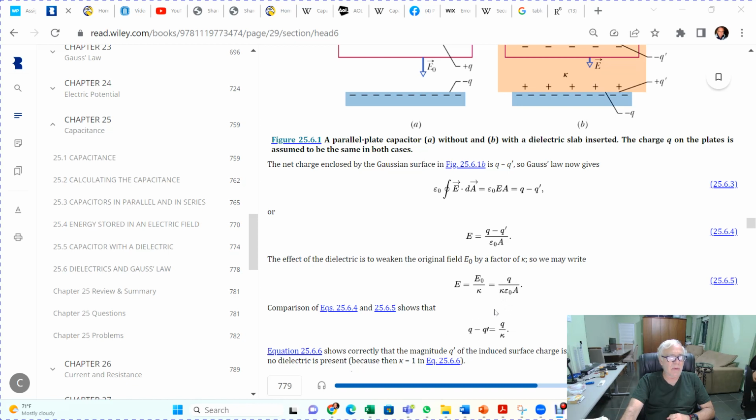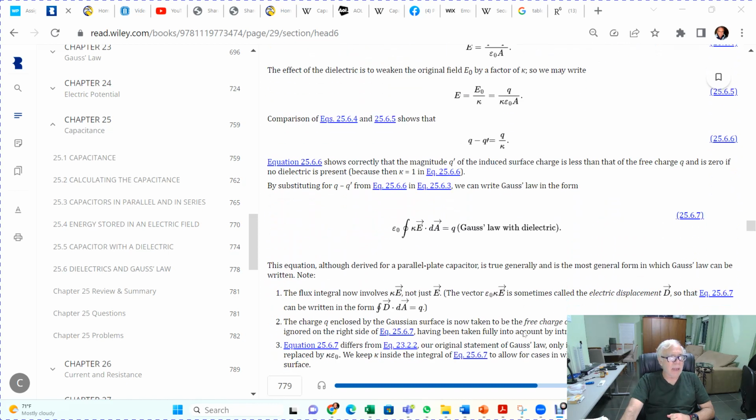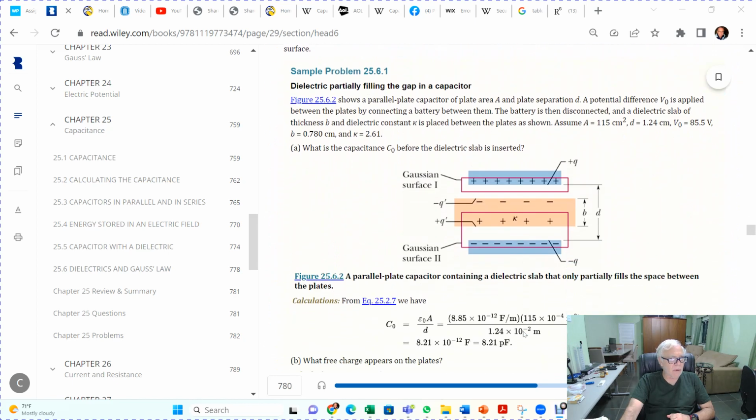Here you go, that's what you get. That's a relationship that you get between Q minus Q prime and Q over kappa. So if you know kappa, you may derive the value of Q prime. If you know kappa and the amount of charge in your capacitor without the dielectric, you can find out how much charge is going to be induced there in the surface of the dielectric. Okay, so that's what we have for this chapter.